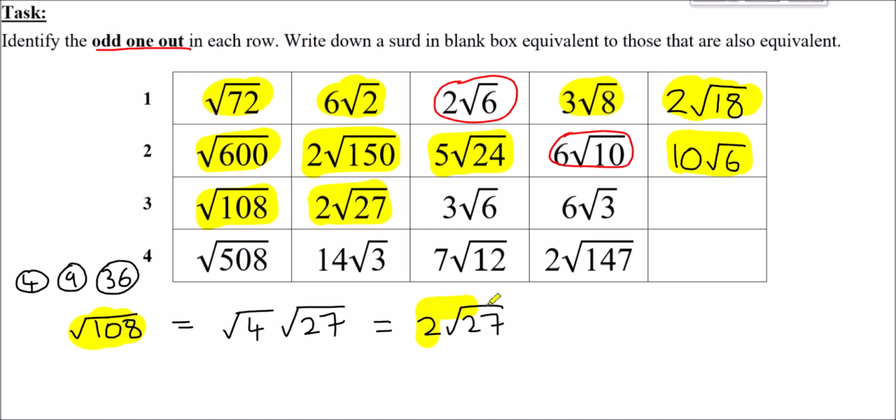So these two are the same. Let's now try and partition this using a root of 9. So 9 multiplied by what gives us 108? It's 9 multiplied by 12. So root 9 is 3. Root 12 can be then considered as just root 12.